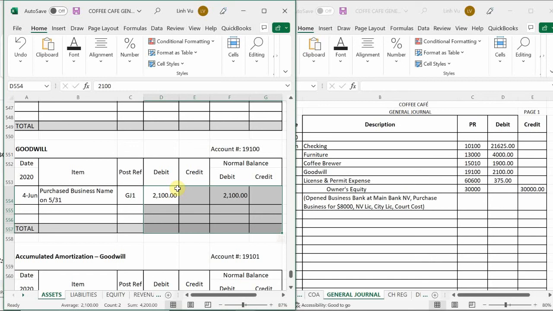So in this case, I'm on my Goodwill, so the very next account I have is my license and permit expense. Okay, so it's very crucial that you do pay attention, because this is where most mistakes can happen during transfer from journal to ledger. And it happens often when you're moving a little too quick, because when you move too fast, you might have the tendency to push the wrong number because you're trying to get through it quickly.